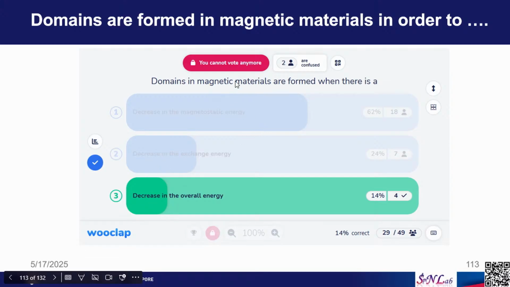So, you also have another case, right, single domain, you are not forming domains because you would be increasing the domain wall energy. So, domains are formed only when there is a decrease in the overall energy of the system. That is why I told you, not all the time do we form domains.